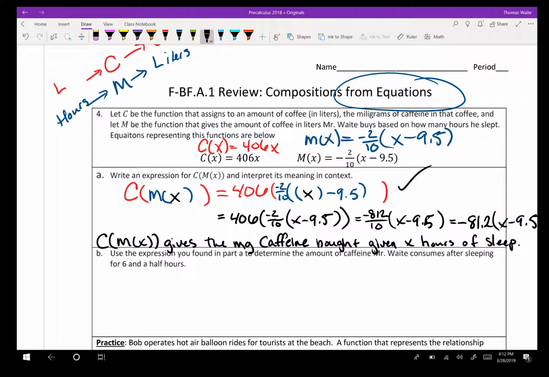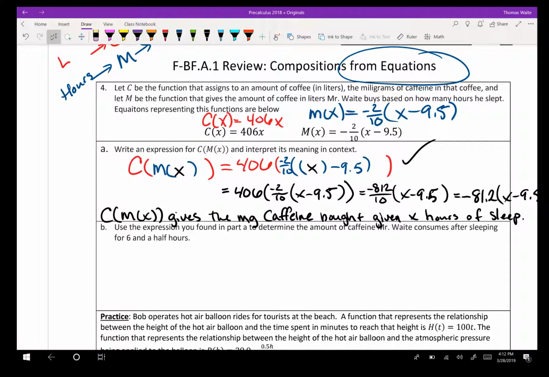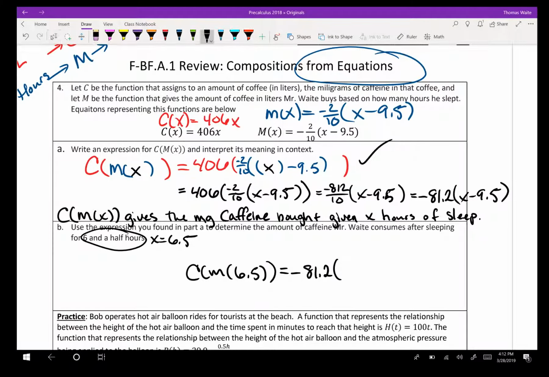It says, use the expression you found in A to determine the amount of caffeine Mr. Wade consumes after sleeping for 6.5 hours. I know this is a time, this is my input, so x is going to be 6.5. And we're trying to find the output, so let's just use our function. C of M of 6.5 is negative 81.2 times 6.5 minus 9.5. There's my input.